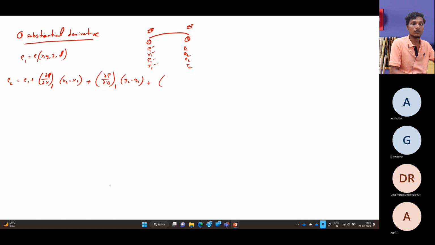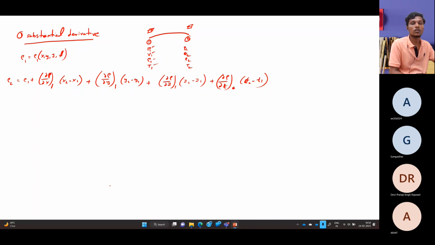Similarly, ∂rho/∂z at point 1 times z2 minus z1, plus ∂rho/∂t times t2 minus t1.